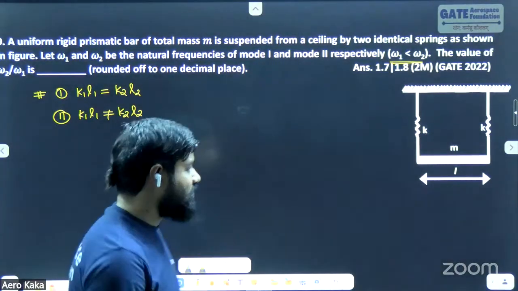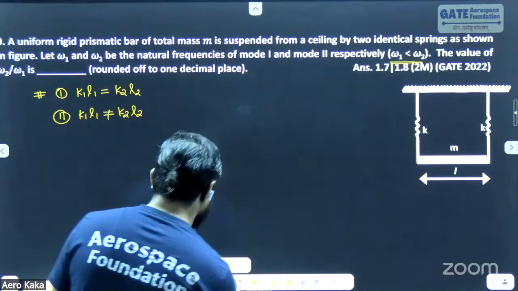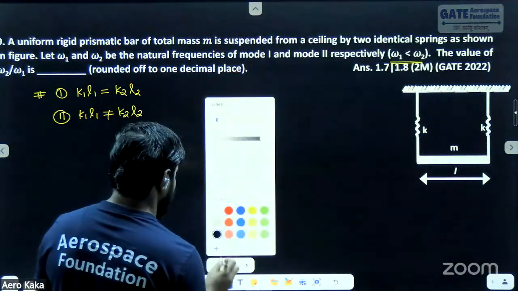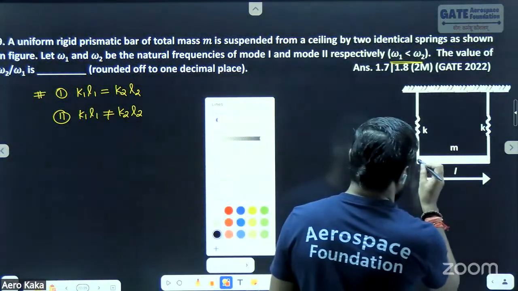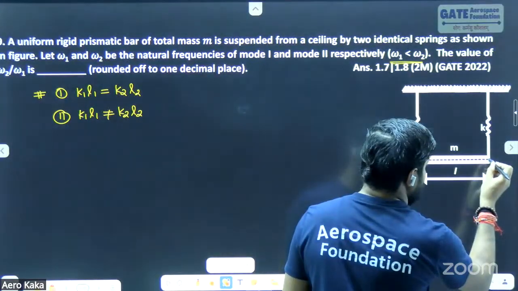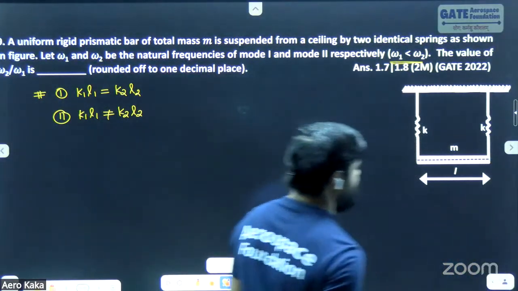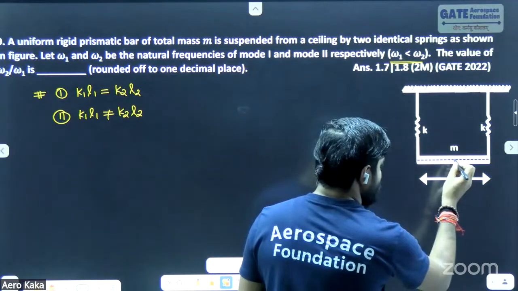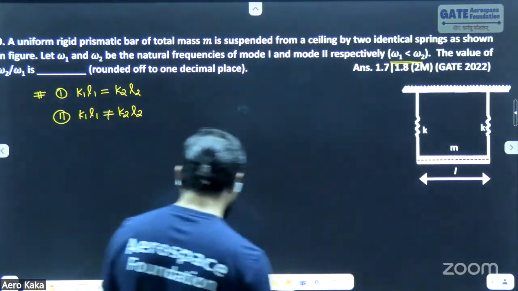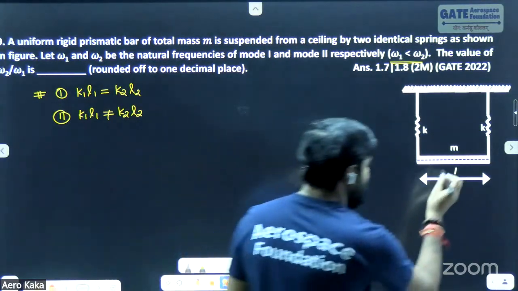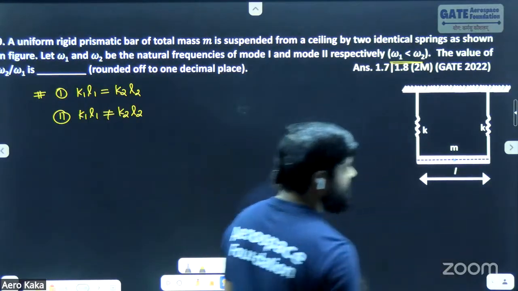Clear? So in this case, where is the CG? Obviously, the midpoint here is going to be the center of gravity, right? That's the CG.